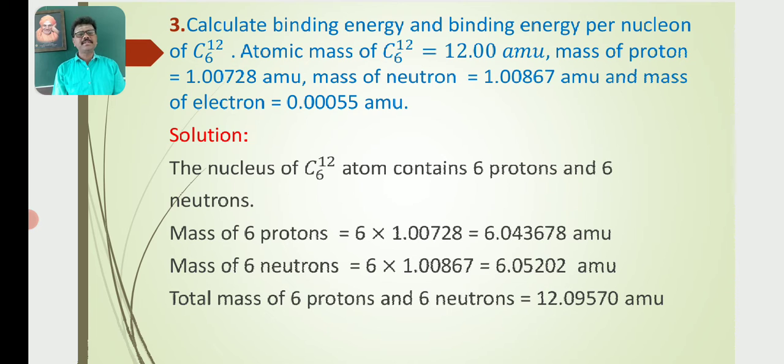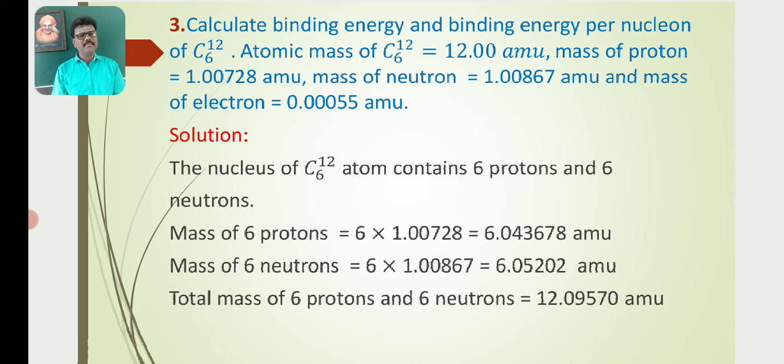Then the mass of 6 protons is equal to 6 into 1.00728, where 1.00728 is the mass of each proton. So the mass of the 6 protons is equal to 6 into 1.00728, which is equal to 6.043678 AMU, atomic mass unit.